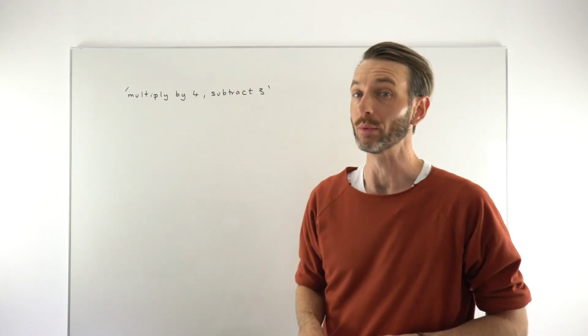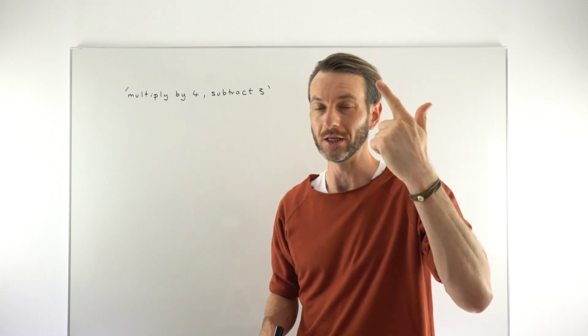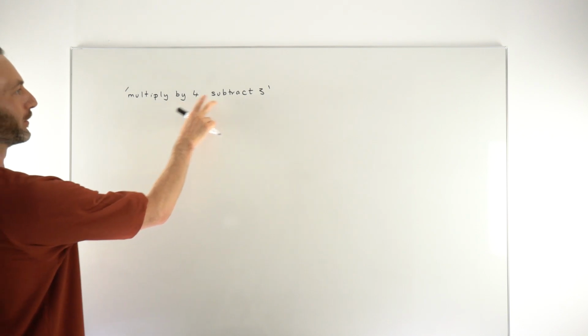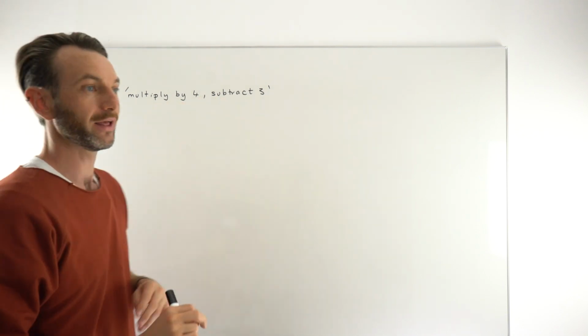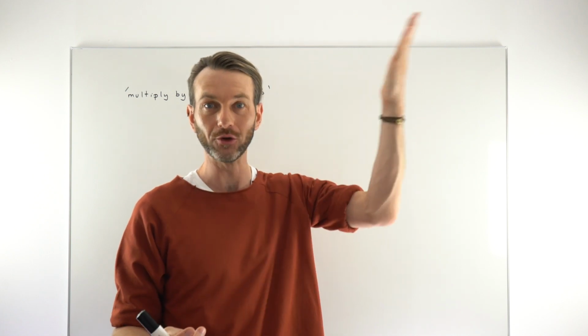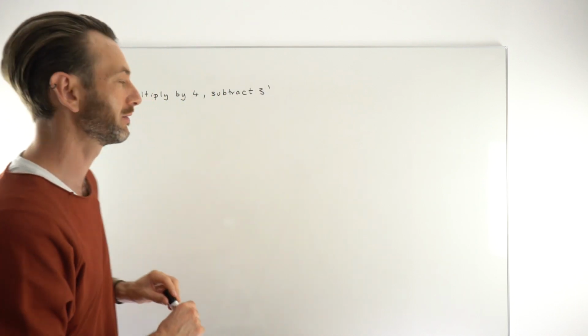We know that to do that we've got to use a variable, and the variable is the number that you're imagining in your head. If I tell you take some number and multiply by 4 and subtract 3, then that some number is your variable, because that can be any number. It's coming out of your head, it can be anything. That's why it needs to be able to vary, so that's why we call it a variable.